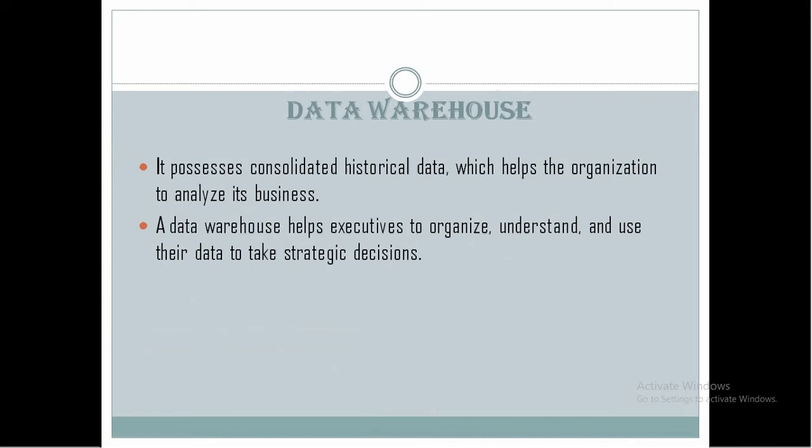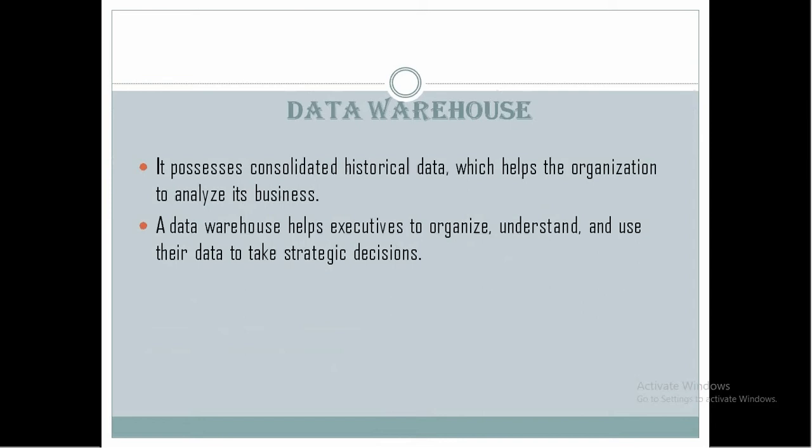What is data warehouse? Data warehouse is an information system that contains historical and cumulative data from single or multiple sources. Data warehouse concept simplifies the reporting and analysis process of organization.